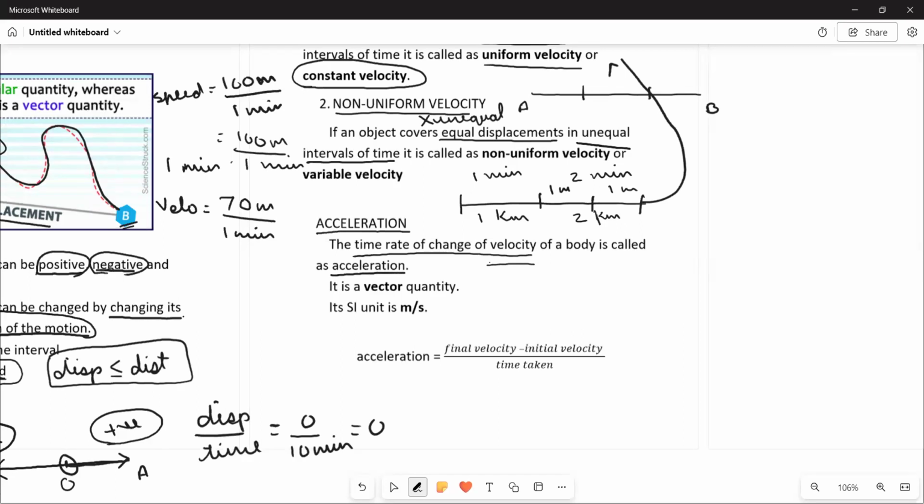As we are dealing with velocity, which is a vector quantity, our acceleration will also be a vector quantity, and its SI unit is meters per second square. So to measure acceleration, we have a standard unit of meters per second square.